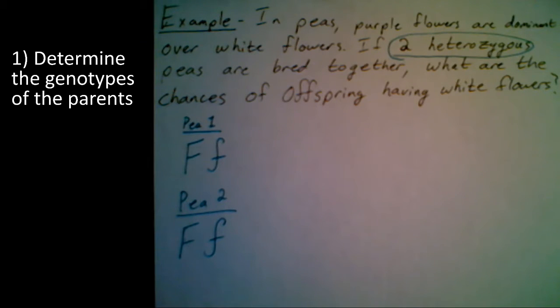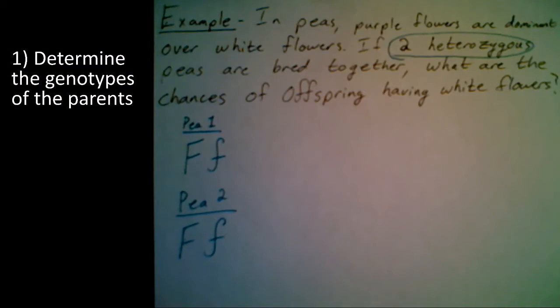And so those are our parents' genotypes. We need to know our parents' genotypes because they're going to pass their DNA down to their offspring during reproduction. And so their genes, we need to know those in order to actually figure out what those kids can actually have.